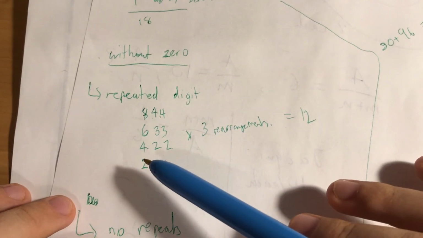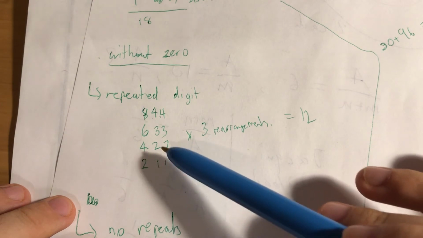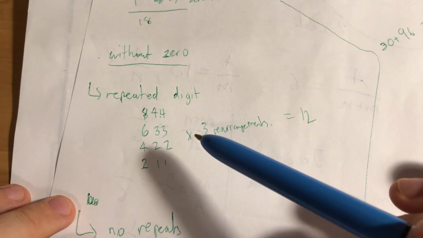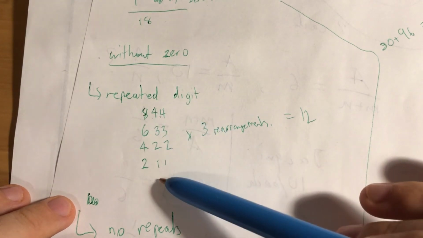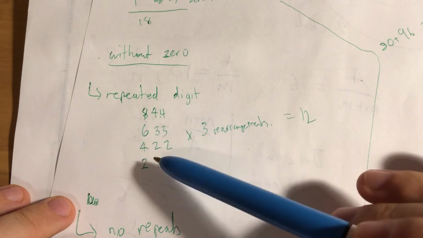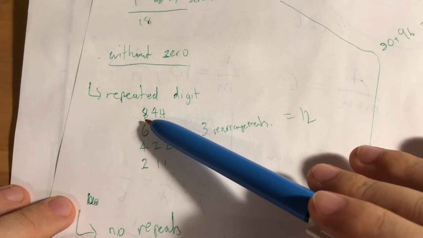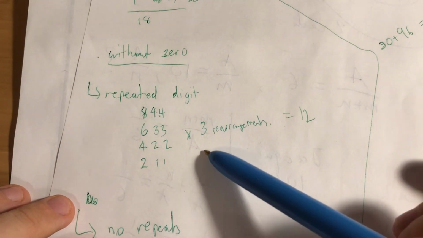So 2, 4, 6, and 8 give 211, 422, 633, 844. So there's 4 ways of doing that, but you can order these in 3 different ways, because there are 3 places you can put the non-repeated digit. That gives you 12.